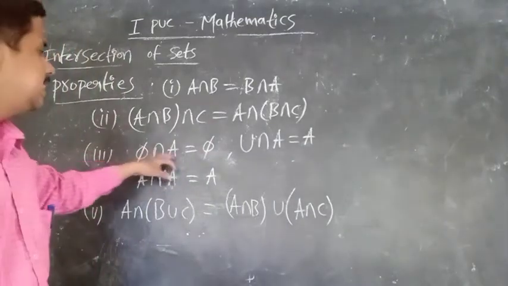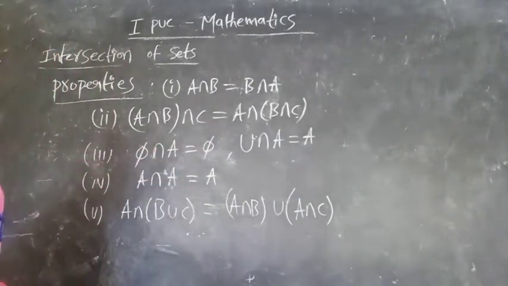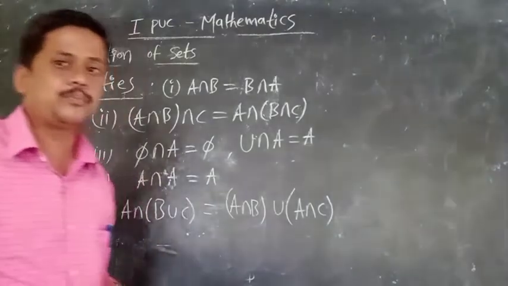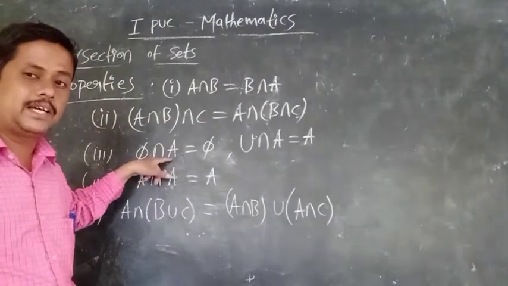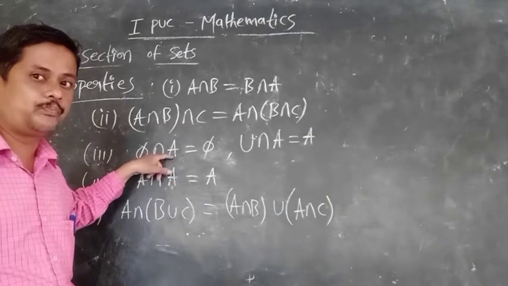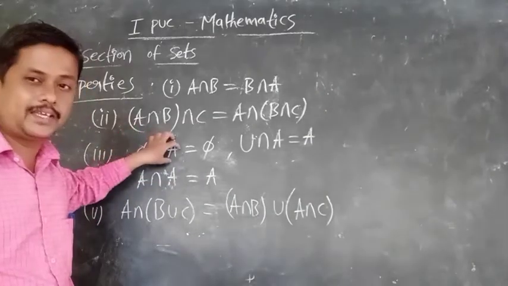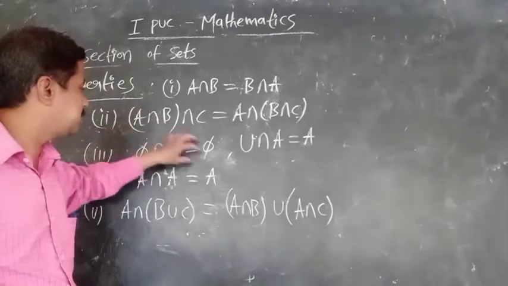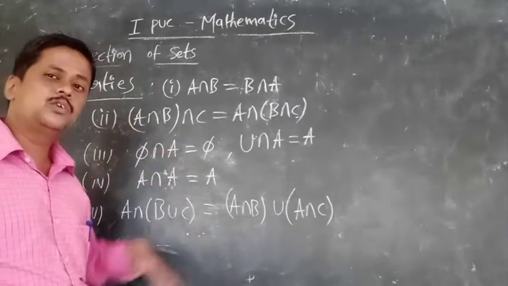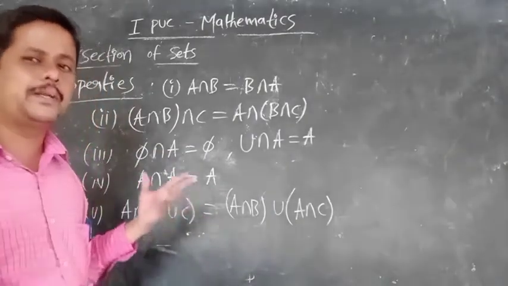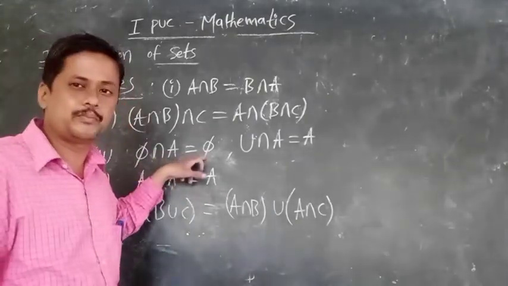Next, we move to the third one: phi intersection A. Phi means empty set. If we take the intersection of the empty set with any set A, already we know phi is a subset of A, so there is no common element. Therefore the answer is phi.